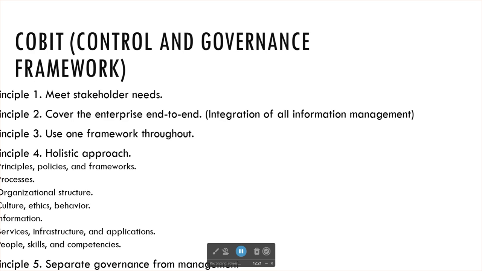So when we talk about AIS, it is so wrong to think of AIS as a standalone thing. It is not. It is integrated into everything. It's integrated into logistics. It's integrated into human resources.